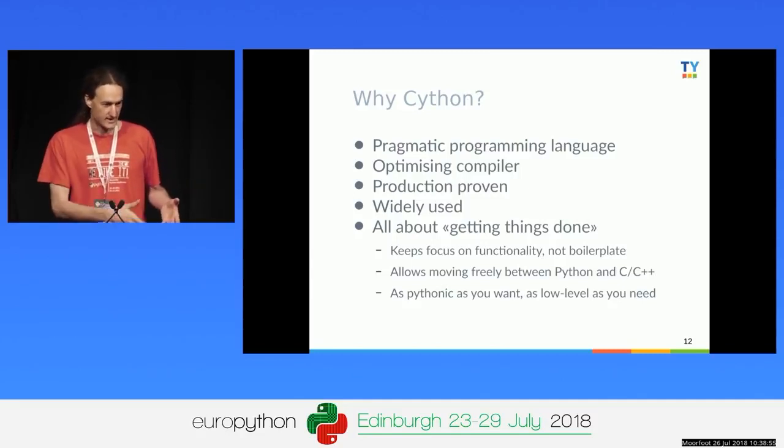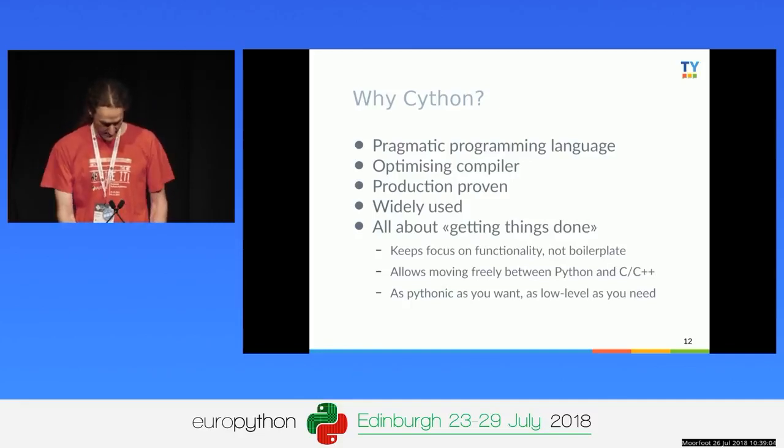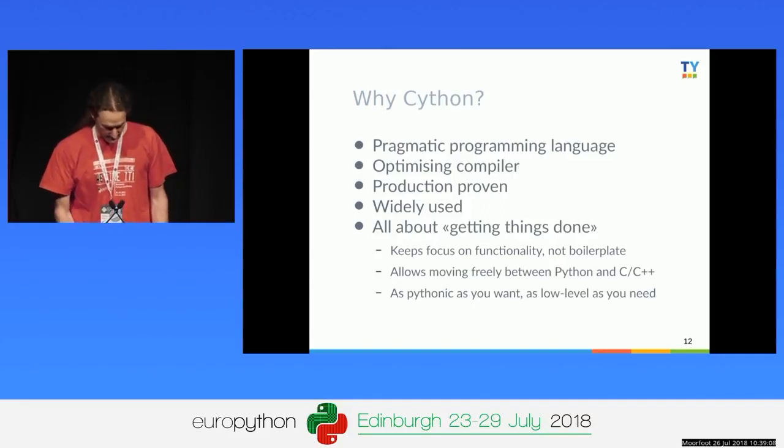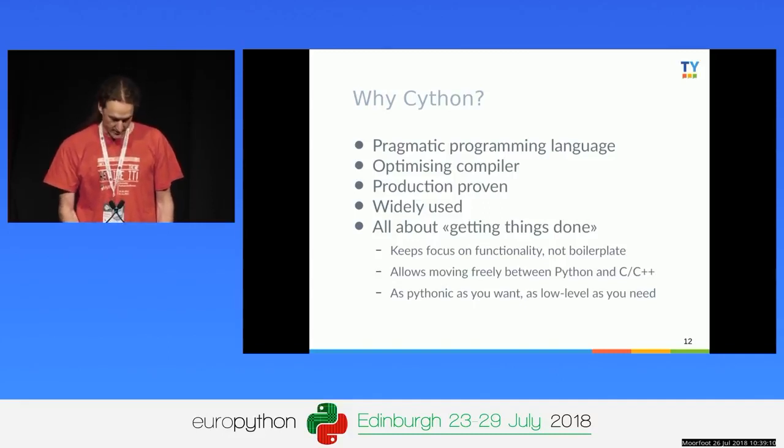Native data types, be fast. I don't care about object operations anywhere. I don't want to pass around stuff through Python, so just compute it as fast as you can. And the language makes it very easy. So it allows you to write code that's as Pythonic as you want, but as low level as you need.